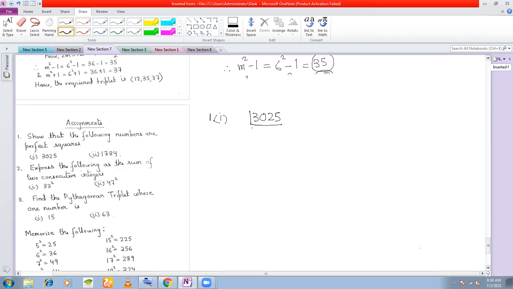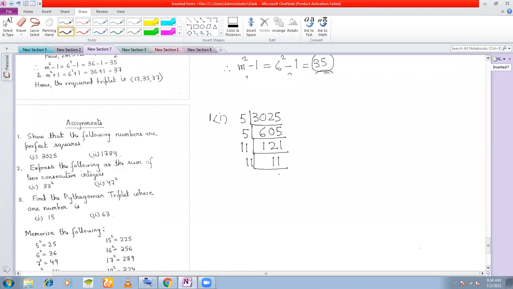Is it divisible by 3? No, you cannot divide this by 3. It is divisible by 5. We start with 5. 605. Again by 5. 121. And now this is divisible by 11.